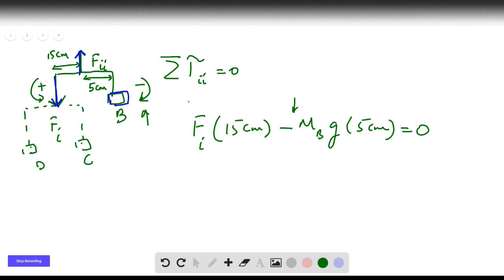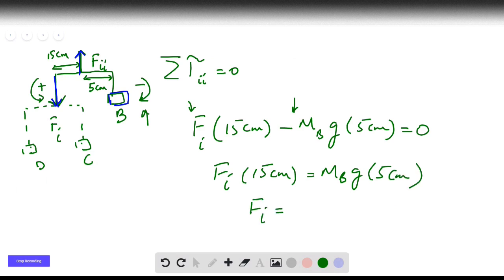And our goal is to get F1, so we're seeing that F1 15 centimeters equals MBg 5 centimeters. So F1 becomes MBg 5 centimeters over 15 centimeters, like that.